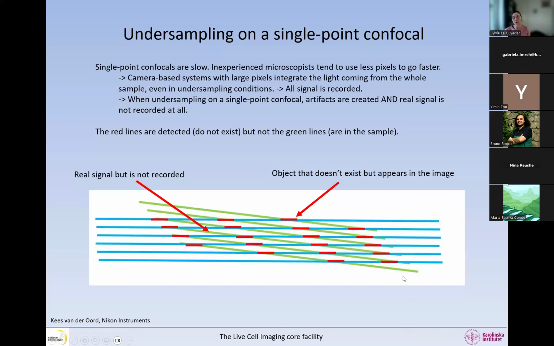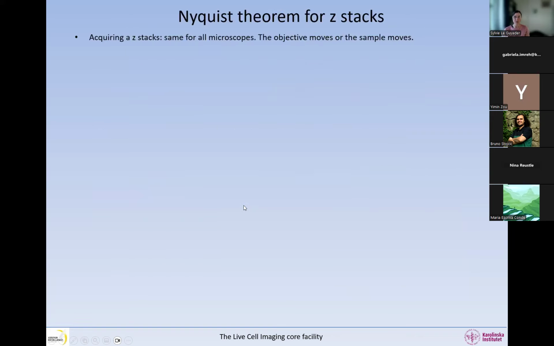And these red lines do not exist in the sample. So we're creating artifacts. But on top of that, in the middle here, we do not detect this at all because we don't measure it. Okay? So the red lines are detected, they do not exist. But the green lines are not detected and they are in the sample. So we're creating artifacts and we're missing information when we undersample on a single point confocal.